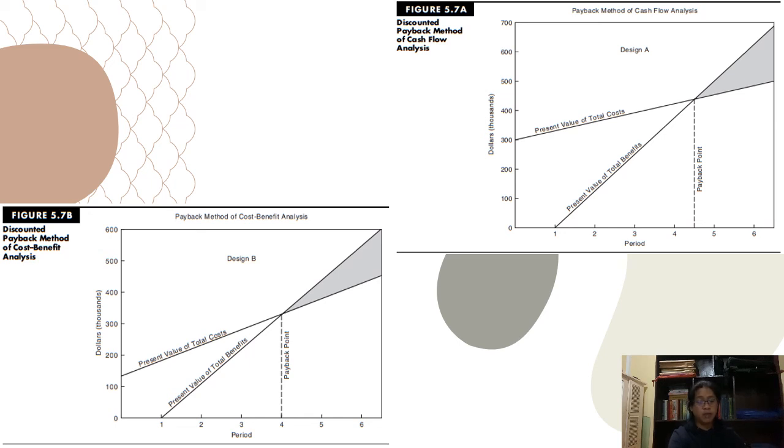The total benefits curve is the present value of the tangible benefits. The intersection of these lines represents the number of years into the future when the project breaks even or pays for itself. The shaded area between the benefit curve and the total cost curve represents the present value of future profits earned by the system.